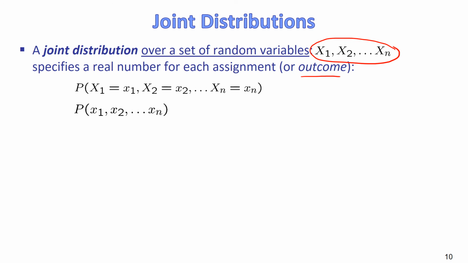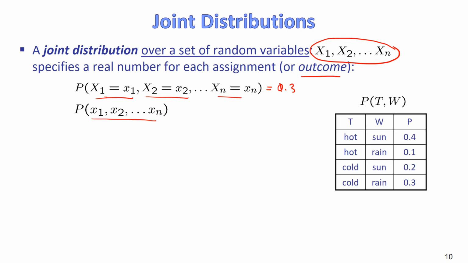So X1 capital equals x1 small, X2 capital equals x2 small, and so on. So that will be a value here, let's say 0.3. Of course we write it in short x1, x2, xn without the names of the random variables. And that's how it looks in a table.